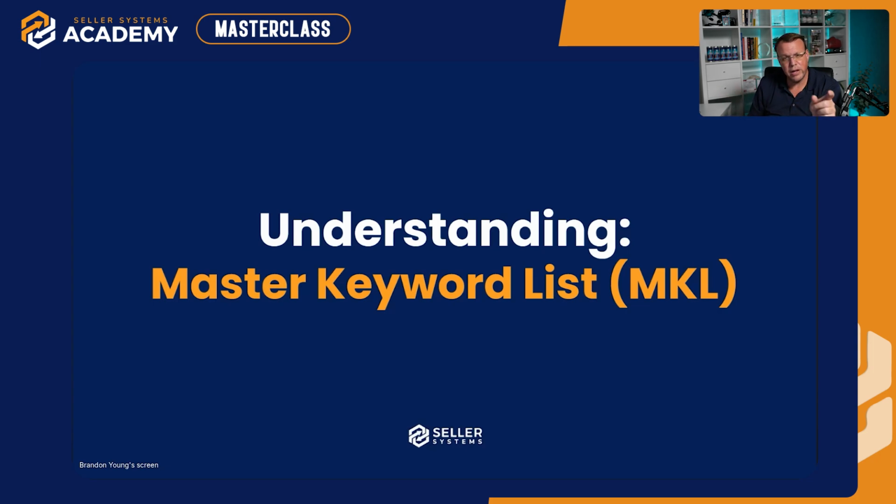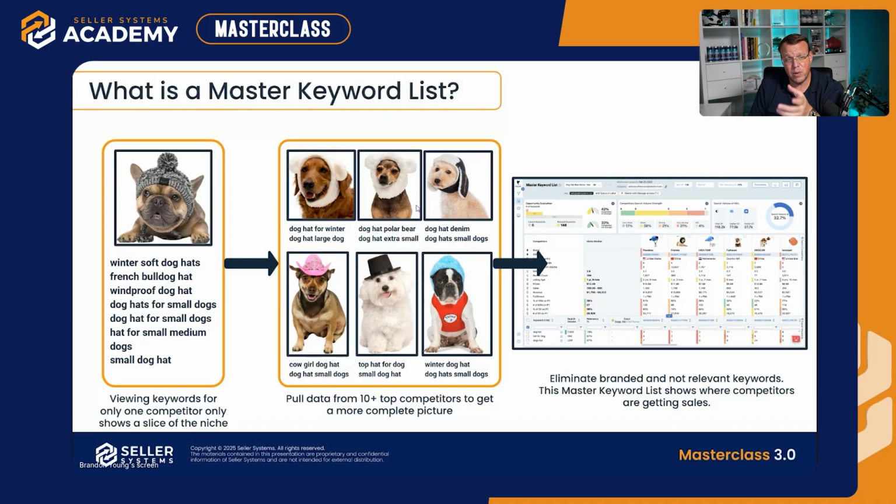And then you'll have some keywords that only a couple people are taking advantage of. So we really need to understand how to look at this keyword cloud, we'll call it, and how to bucket the keywords into different buckets so you understand how to treat those keywords. Now, the idea is that we're going to take all of the keywords from those different buckets and curate them into one list.